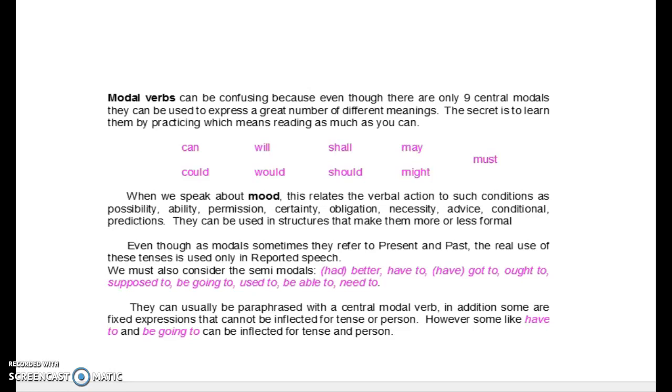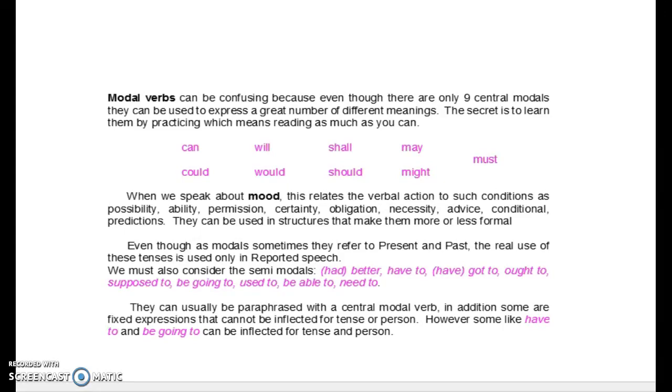When we speak about mood, it relates to the verbal action, and the conditions are possibility, ability, permission, as we saw before. So look through them all and see how they can be used. They can also be used in structures that make them a bit more or a bit less formal.